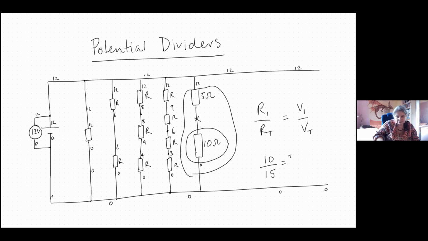Yeah, absolutely, it's 2/3. And that is going to be my potential difference across my 10 ohm resistor. That's V1 divided by 12, because that's my total potential. So basically, my potential difference across my 10 ohm resistor is going to be 2/3 of 12.